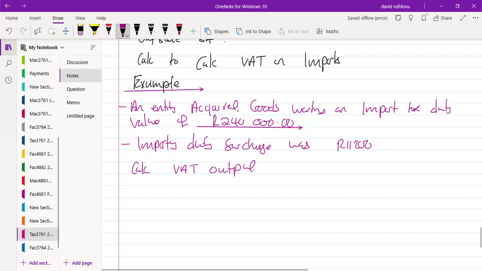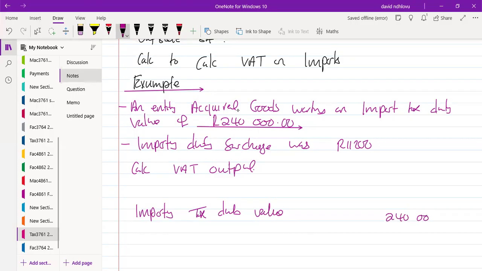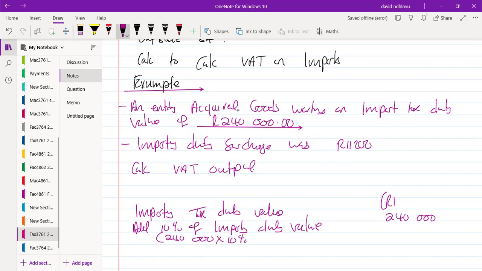So when calculating VAT, we'll first say what is the import tax duty value. We'll have our amount of 240,000. Then we'll add 10% of the import duty value, so 240,000 by 10% gives a figure of 24,000.